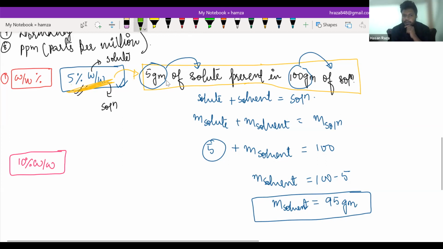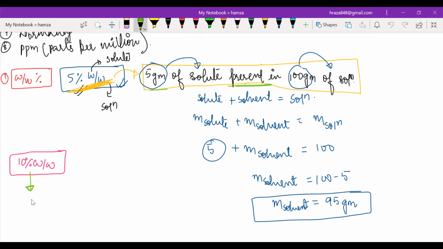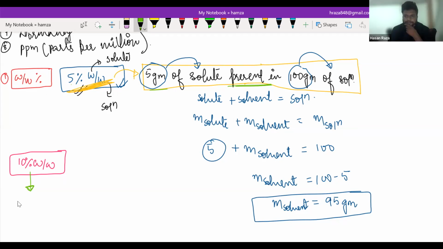See, 5% weight by weight is 5 gram of solute present in 100 gram of solution. If I'm giving you 10% weight by weight, can you expand this into a sentence in the same way? 10 by 100. Not 1 by 10.